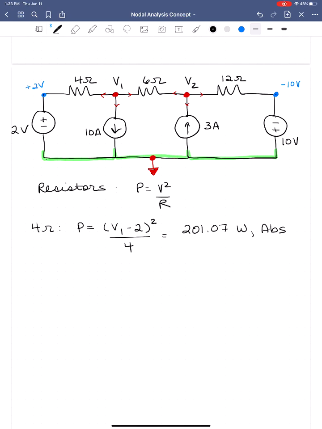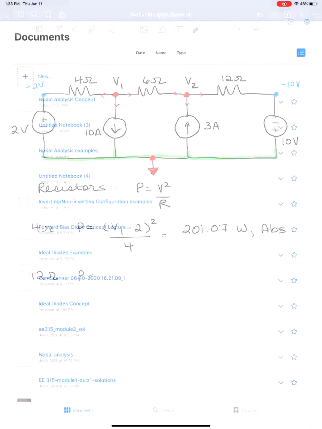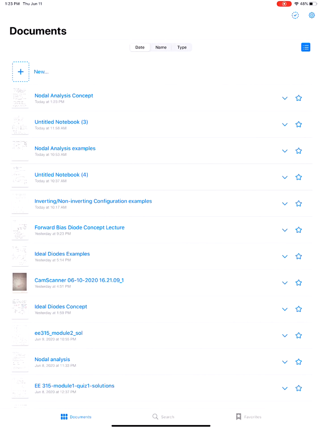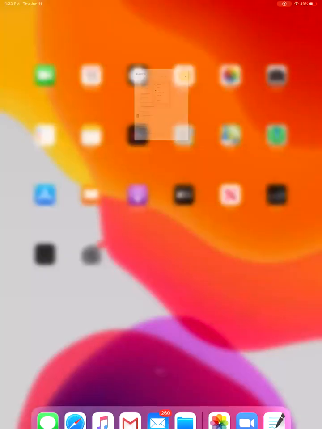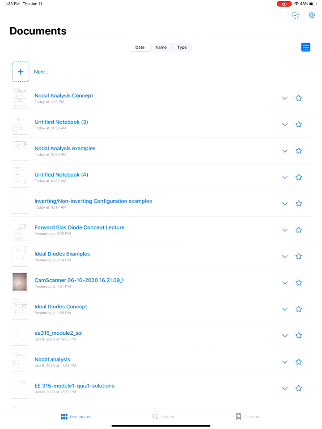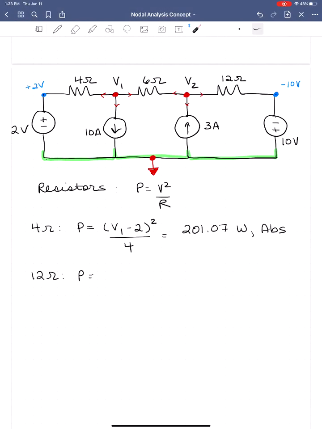Let's go to the 12 ohm resistor. P is equal to V squared over R. What is V? Well, again, it is sitting in our nodal equation. Remember, it's V2 plus 10. Sorry, I got discombobulated there.